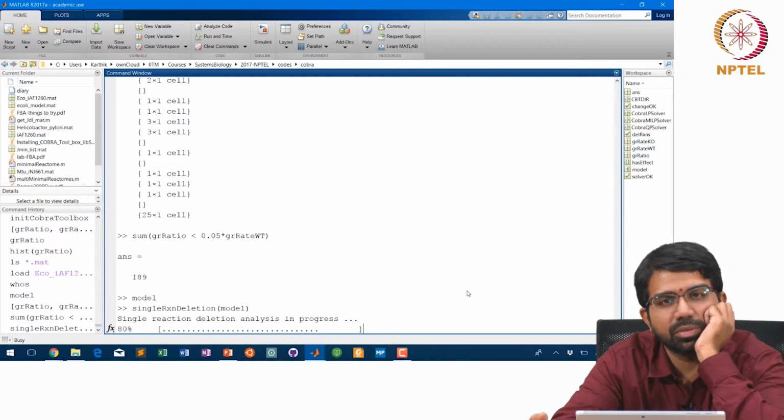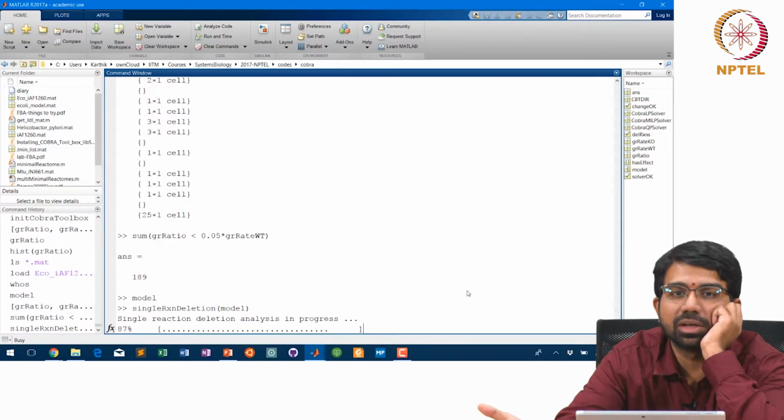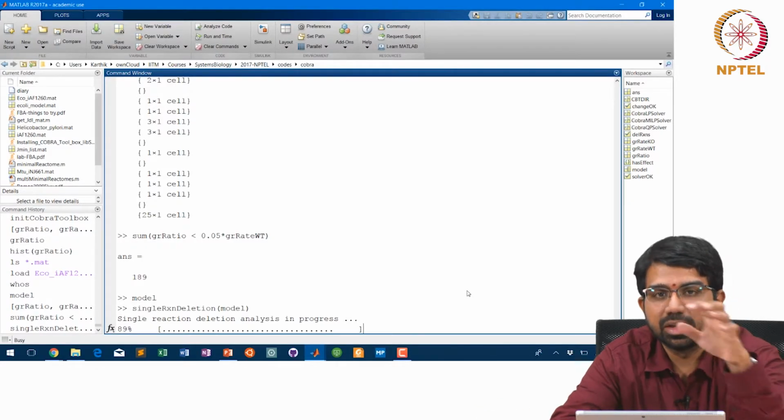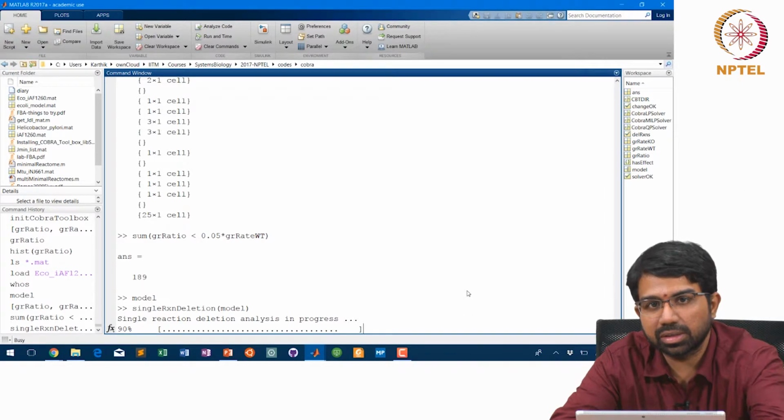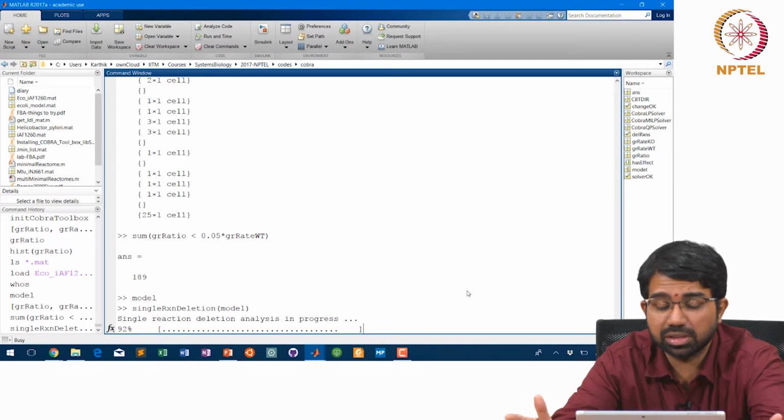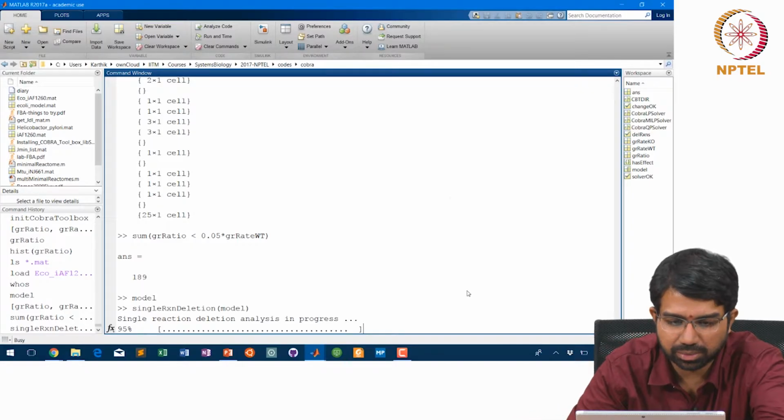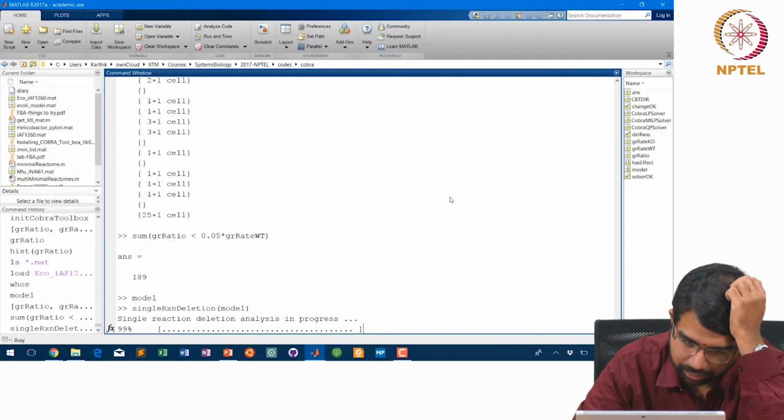So reaction will remove reaction by reaction, gene will remove gene by gene and delete the corresponding reactions. So some genes if removed may not lead to the removal of any reaction. If gene 1 is not connected to any other reaction, if reaction 1 has a GPR which says like we saw here, wait, I think it's almost over.